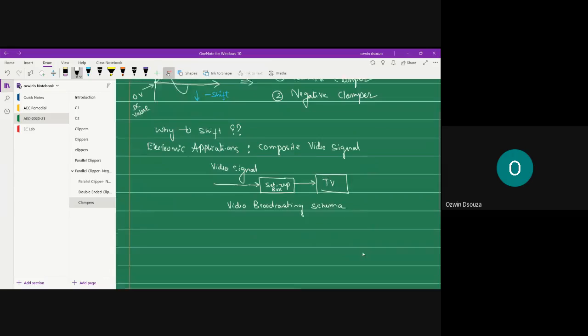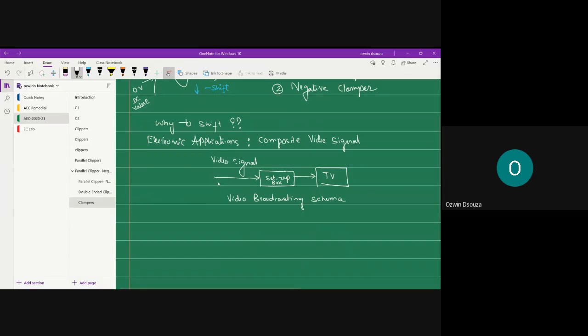Now, when you say video signal, what are the subcomponents of the video signal? The video signal will have three signals. This video signal is superimposed with the audio signal, and then the sync signal. I'll come to it, what we mean by sync signal, which is also called the synchronous signal.